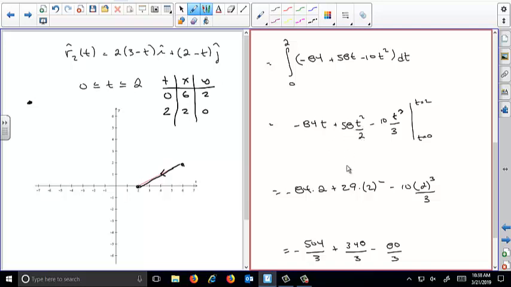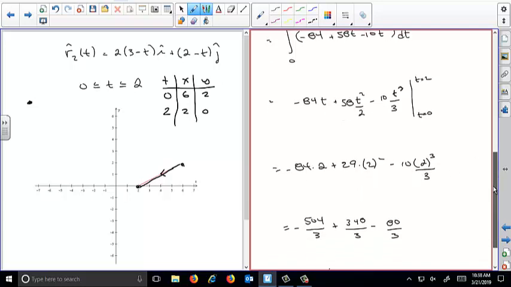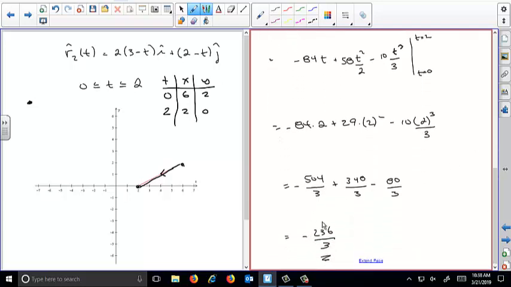Oh, yeah, so 58 divided by 2 is 29. Here you get 10 thirds and then 2 cubed. And if you go through all the math, you get negative 236 over 3, which is exactly the same answer that we got with the last situation, except that there's a negative sign because we're going the opposite direction.